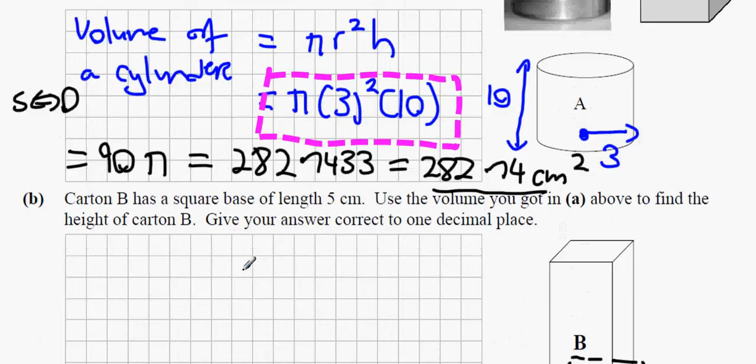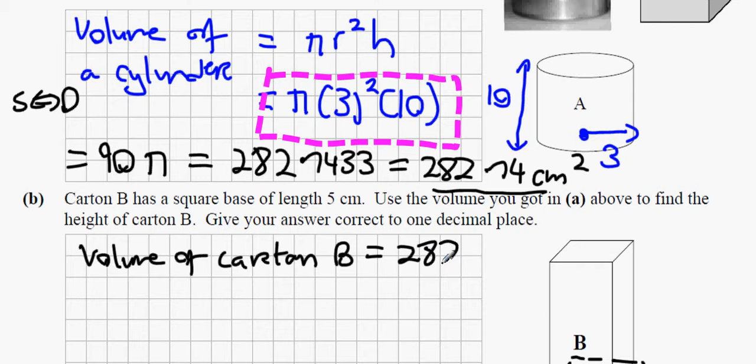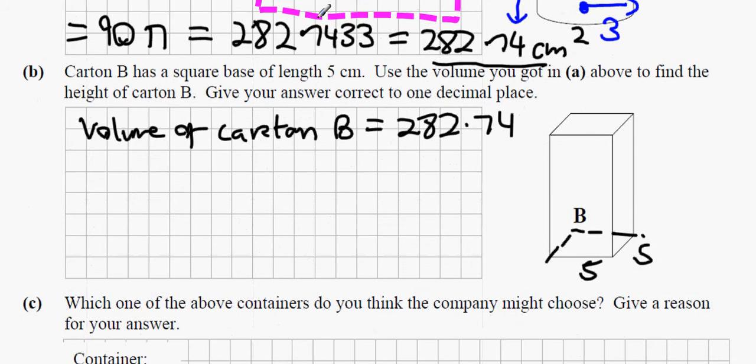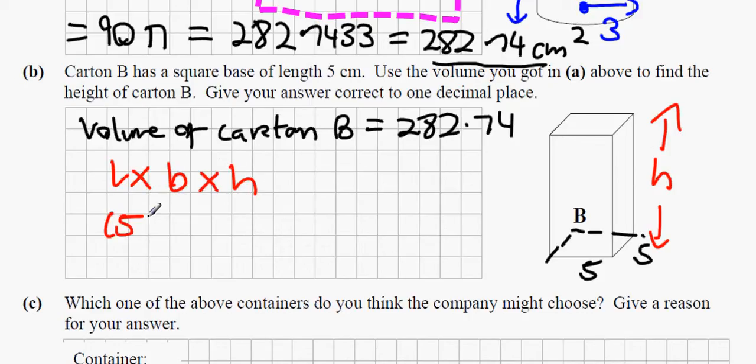So the volume of carton B is 282.74. Now, for the volume of the carton, we don't know the height. So we can say that the volume of the carton is length by breadth by height, which is 5 times 5 times h, and that equals 282.74.